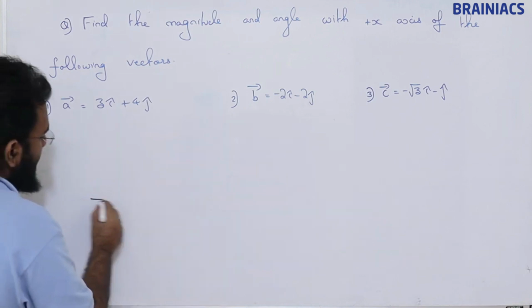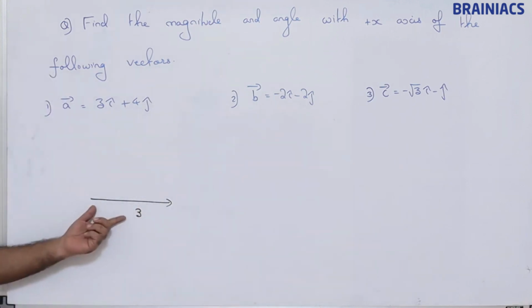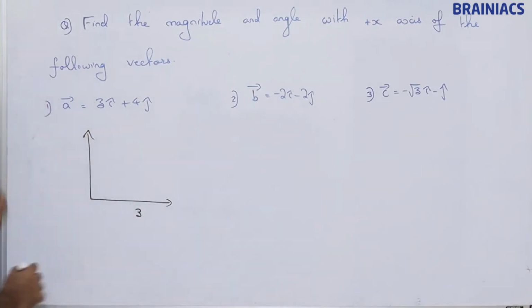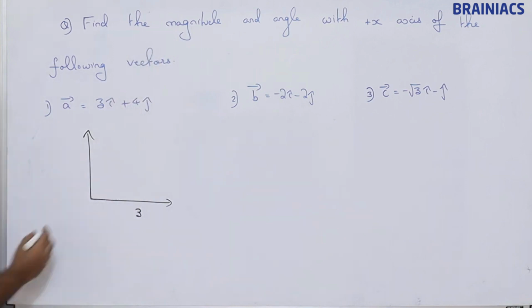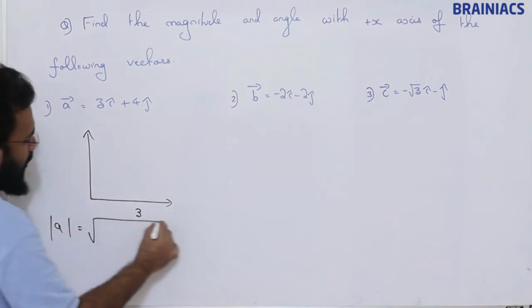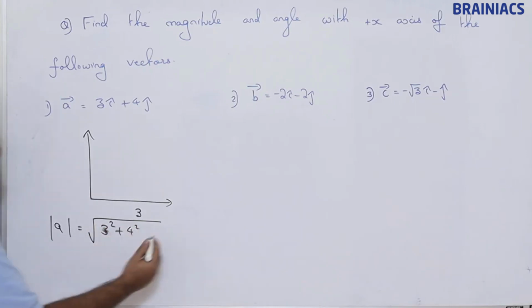So this is 3i, and this is 4j. They are asking to find the magnitude first. Magnitude of A is nothing but root of 3 square plus 4 square. So 9 plus 16, 25. This is going to be 5.